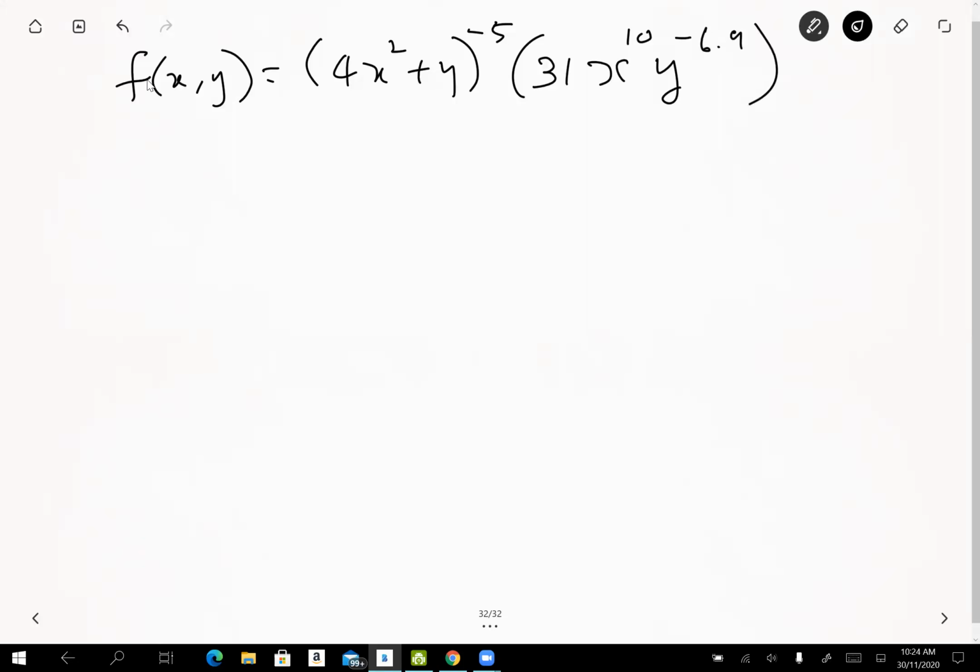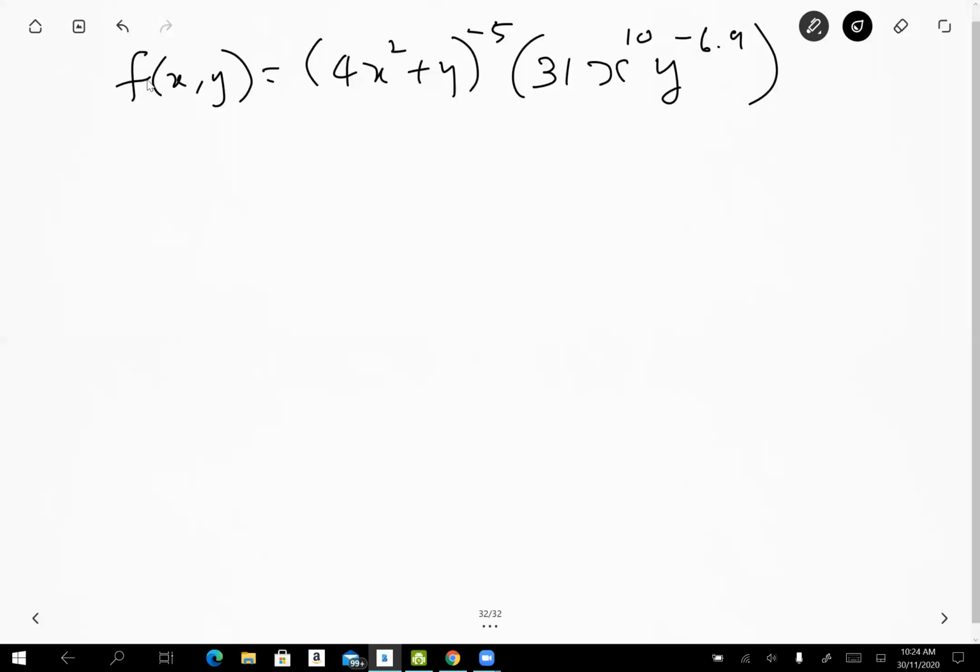So here, we're going to apply the product rule. All right? That means just like u times v. So you apply the product rule: you take the derivative of u multiplied by v plus the derivative of v multiplied by u.